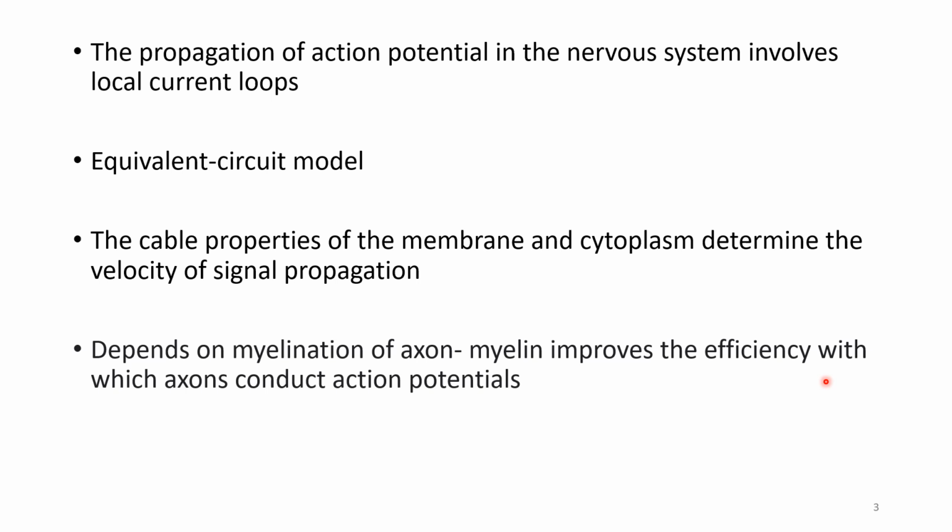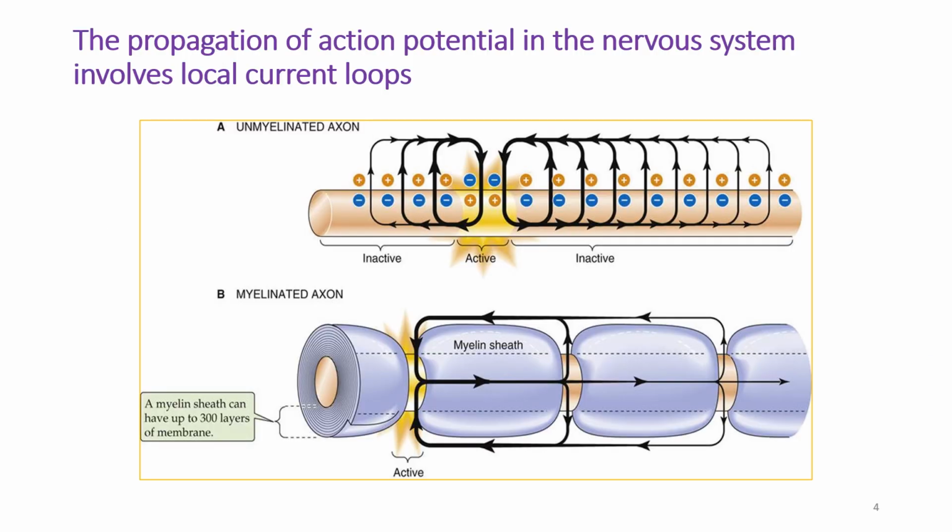Myelin improves the efficiency with which axons can conduct the action potentials faster. This is the first mechanism: the propagation of action potentials in the nervous system by forming local current loops.